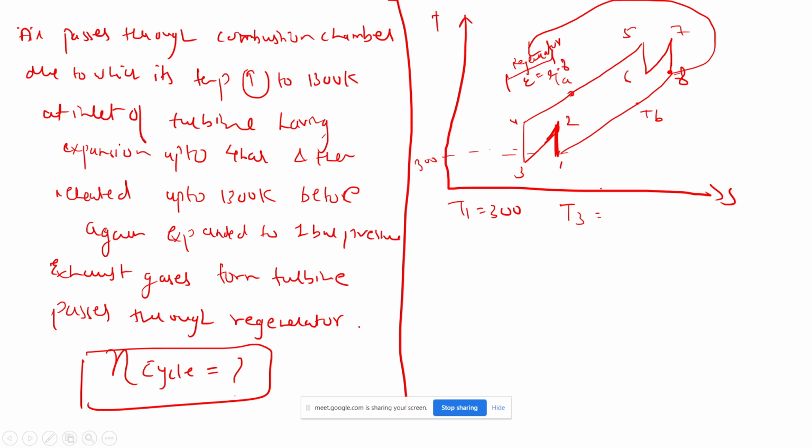For T3, the air leaving the first stage of the compressor is cooled up to 290, so T3 is 290 Kelvin. And pressure P1 equals P8 equals 1 bar. The intermediate pressure for both is 4 bar.